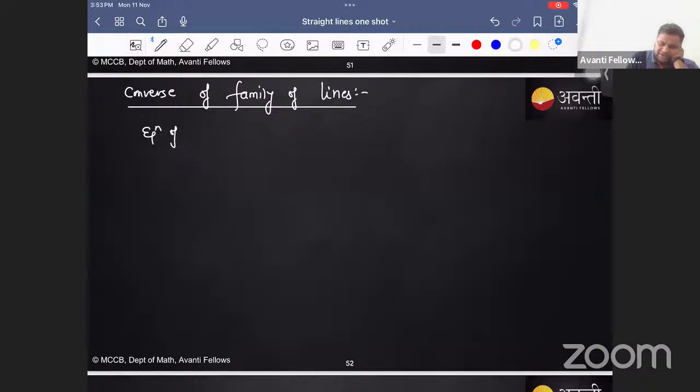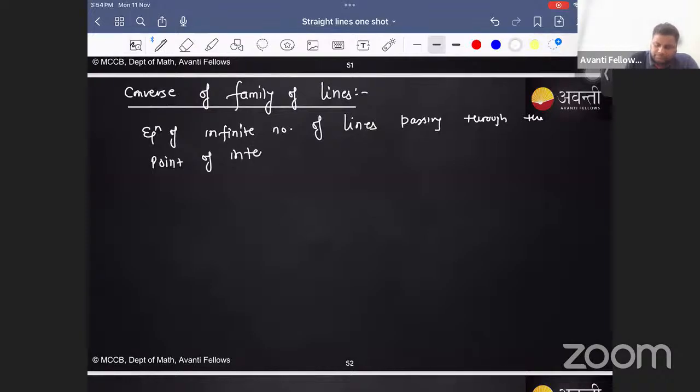Equation of infinite number of lines passing through the point of intersection of L1 equals to 0 and L2 equal to 0 is L1 plus lambda L2 equal to 0. Now here lambda is a parameter which we will evaluate by applying any other third condition.